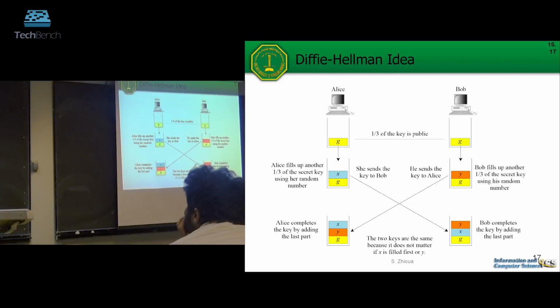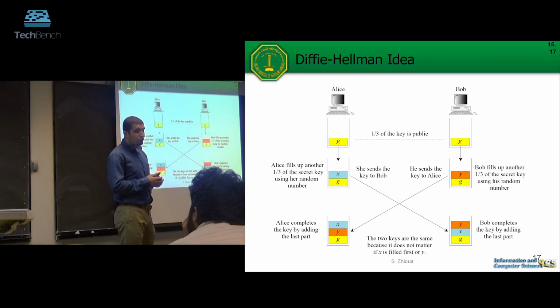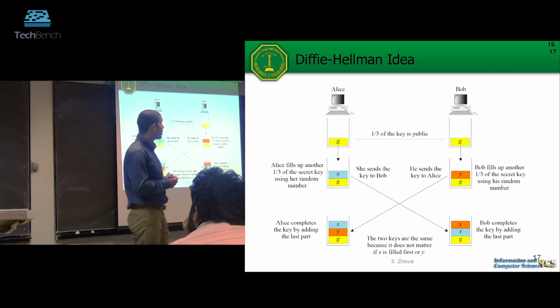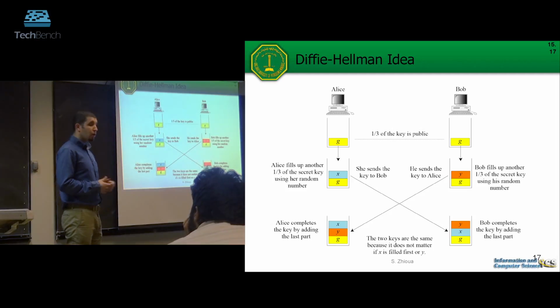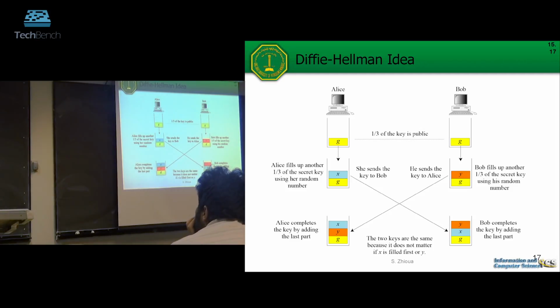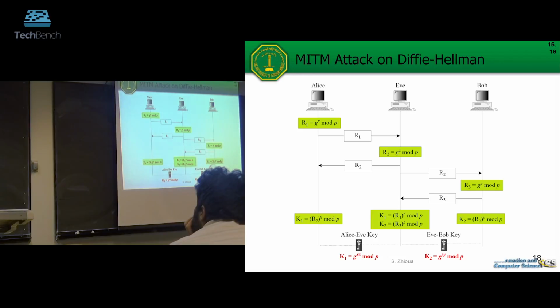Now, a very simple attack, which by the way can work for any protocol where you don't have authentication. Here, authentication is not satisfied, and this is why an attacker can carry out a man in the middle attack, MITM, which we're going to see in the future.